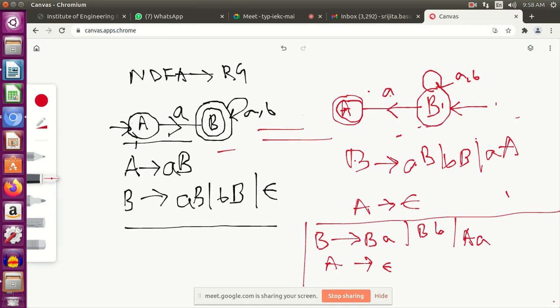So we have successfully converted the given NFA to a left linear grammar.